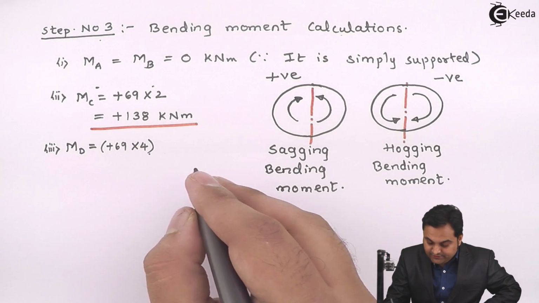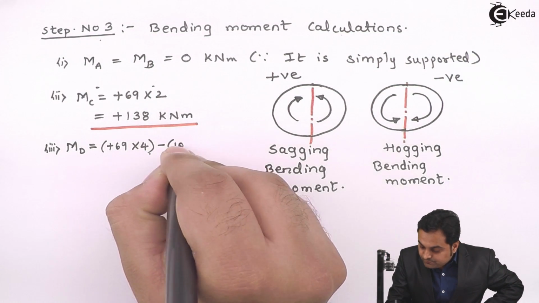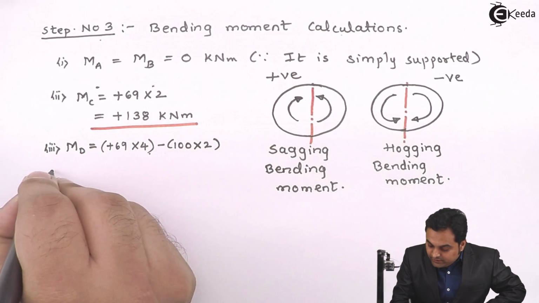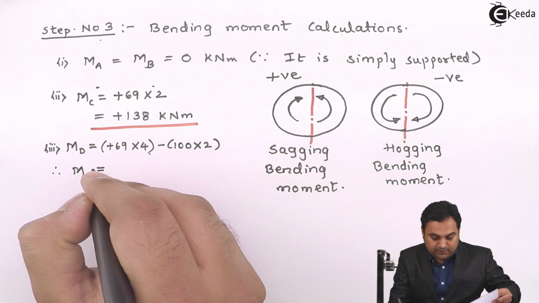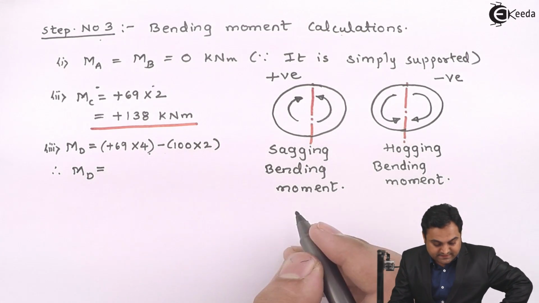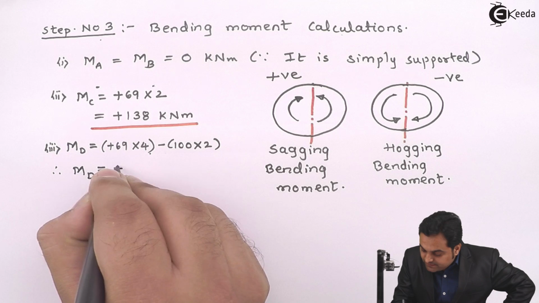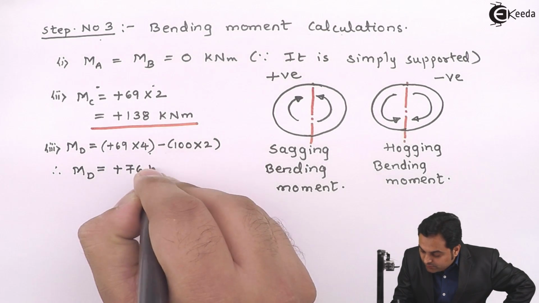So minus 100 into 2. So therefore the moment at D will come out to be 76 or plus 76 kilonewton meter.